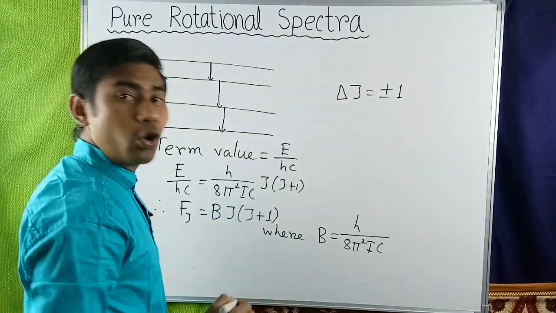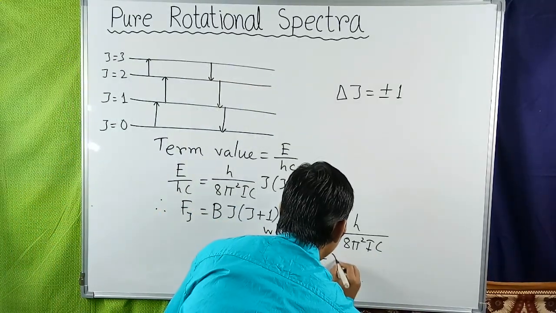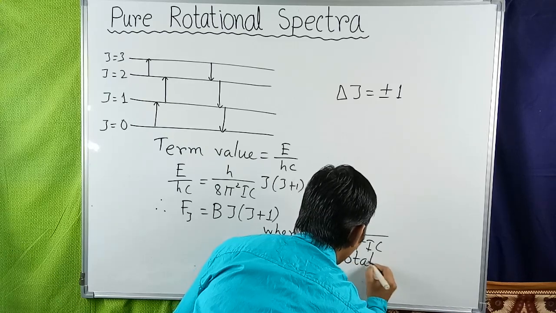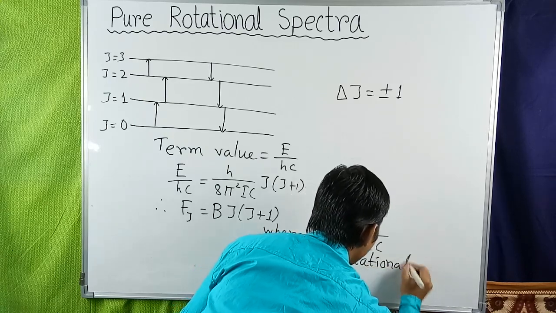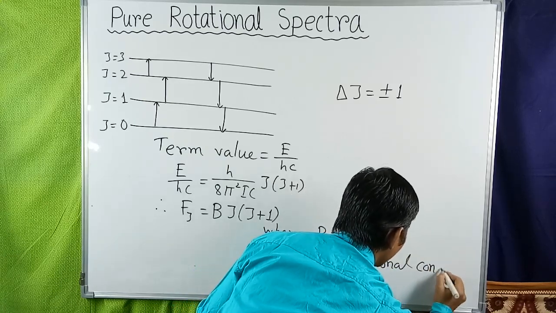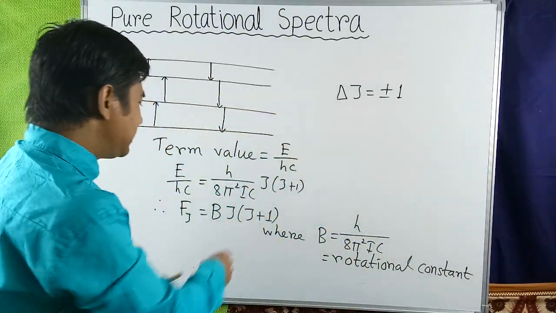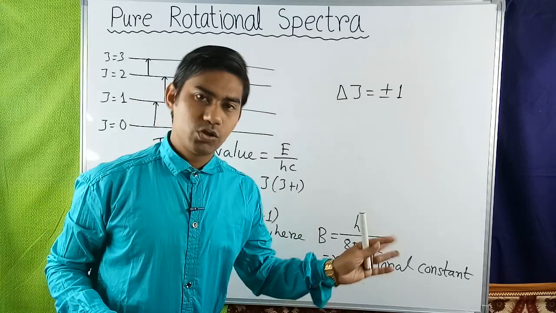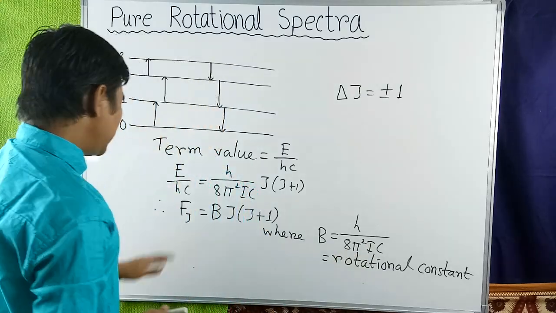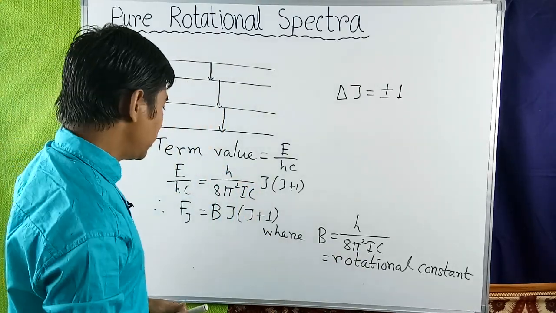B is called the rotational constant, where J is 0, 1, 2, 3, and so on. So this is the term value.